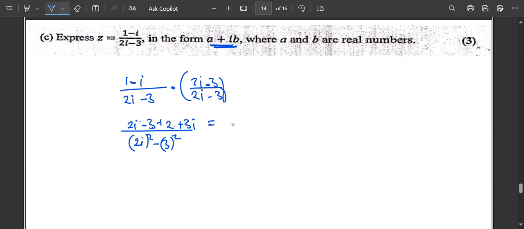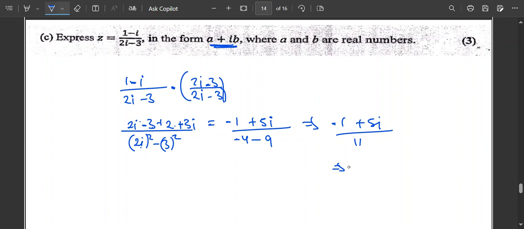So now we can see that 3 minus that will be negative 1, right? Then this time plus this, that will be plus 5i. Okay, then over this we have negative 4 minus, this is negative 9. So this will now be negative 1 plus 5i over 11, right?